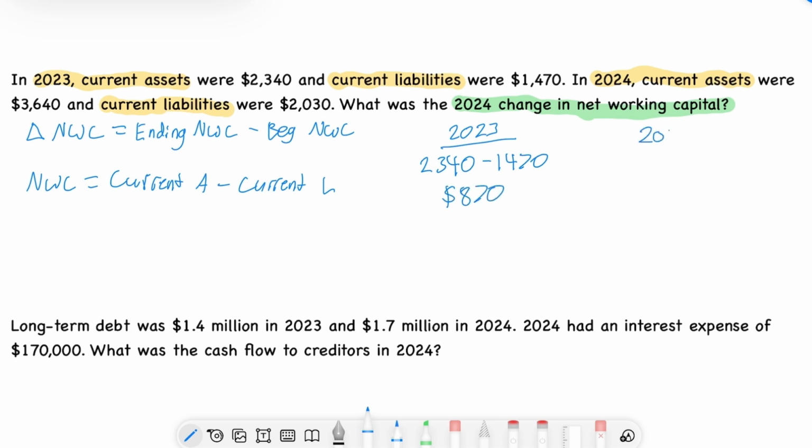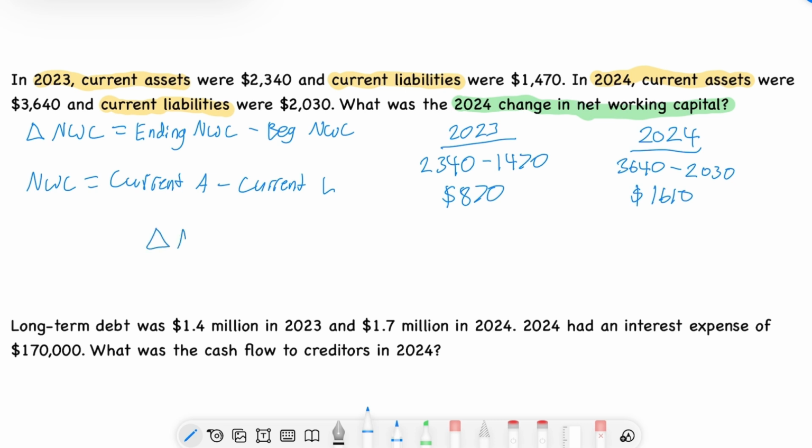In 2024, we're going to have current assets of 3,640. We're going to subtract current liabilities of 2,030. And that's going to give us a net working capital in 2024 of $1,610.